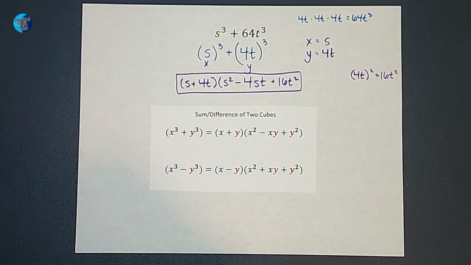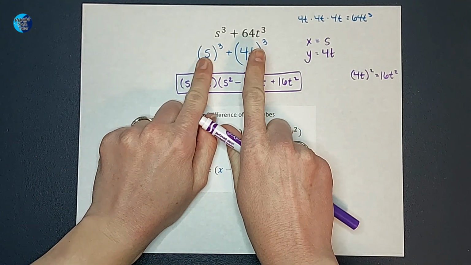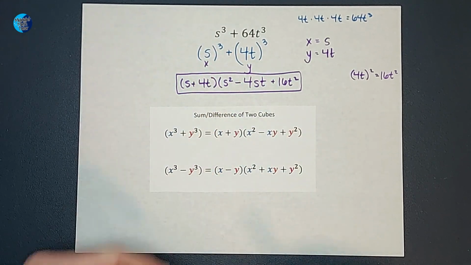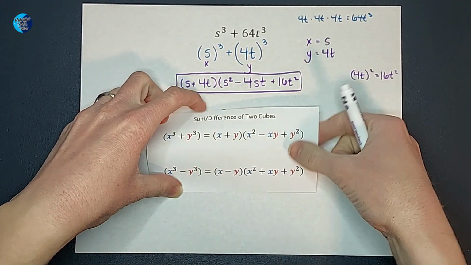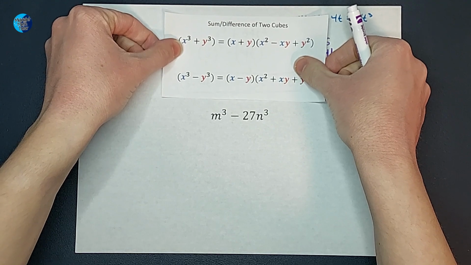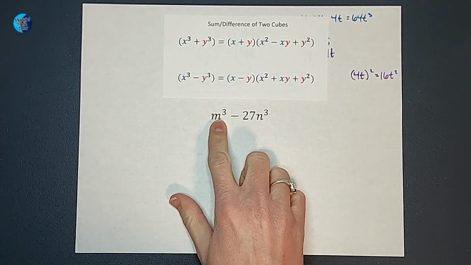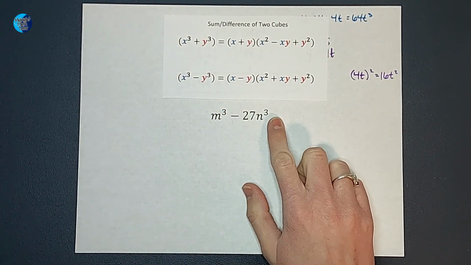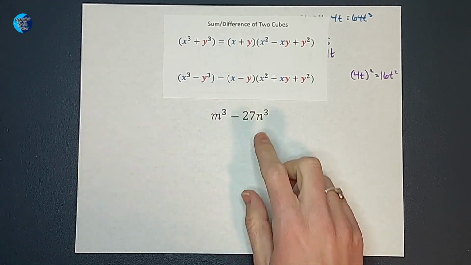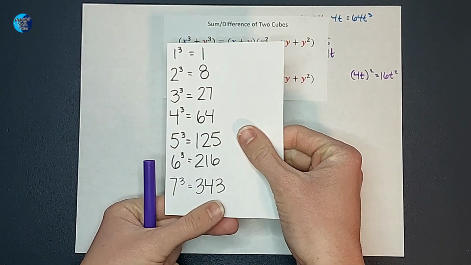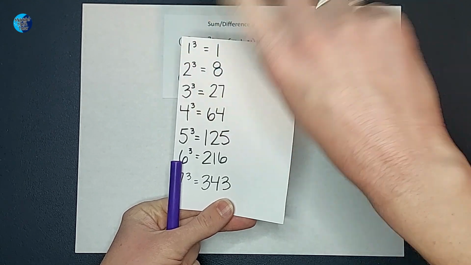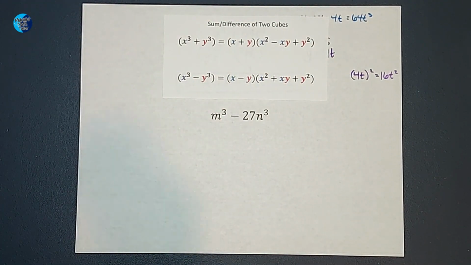All right, that fit our category because we were able to write it as a term cubed plus a term cubed. Now let's check out this one down here and see if we can make this one work. Well, I have m cubed, so we're good. Then I have n cubed, but what about 27? Is that a perfect cube? Oh, look, it is. 3 cubed is 27.